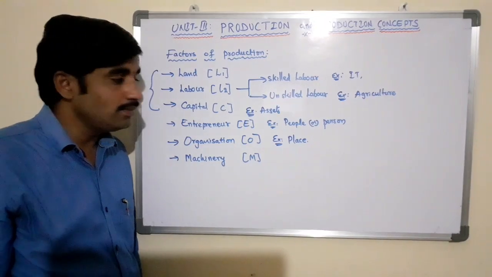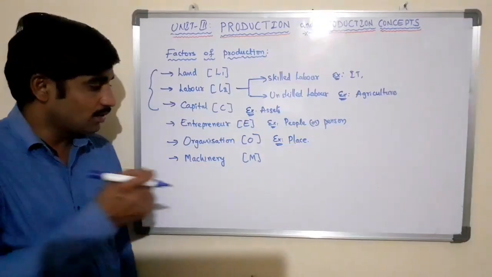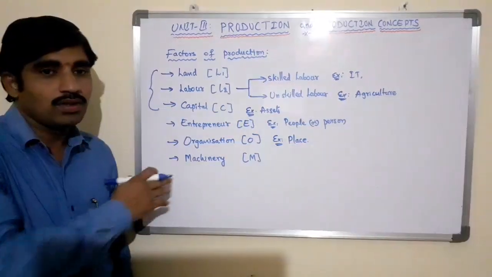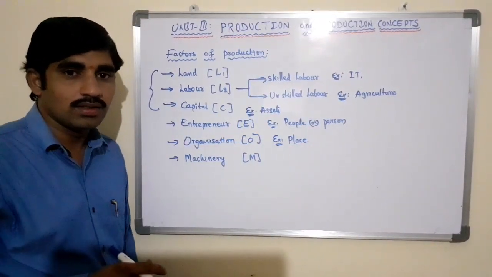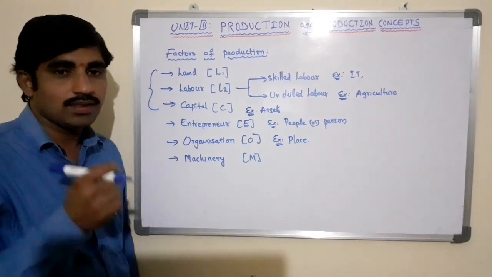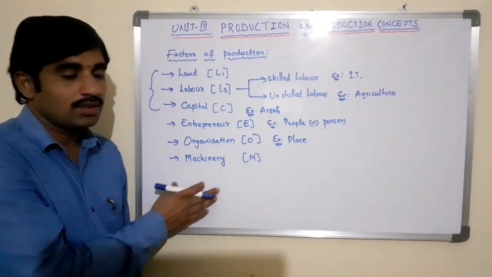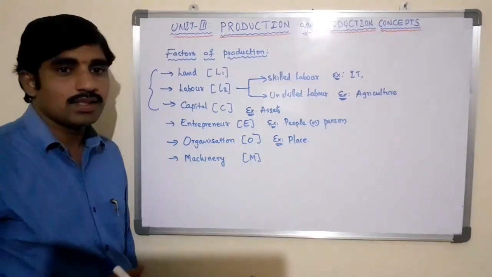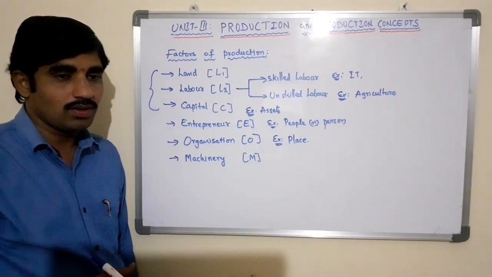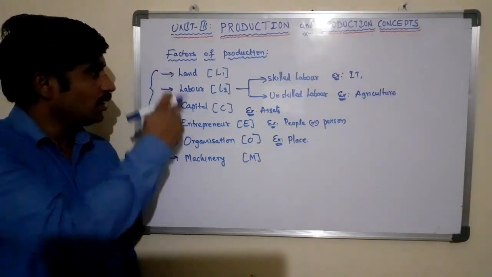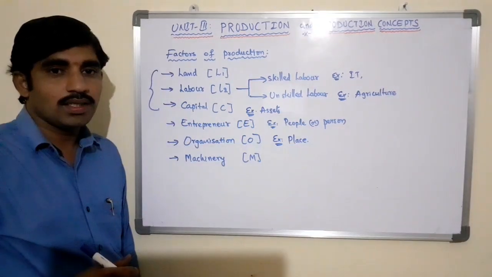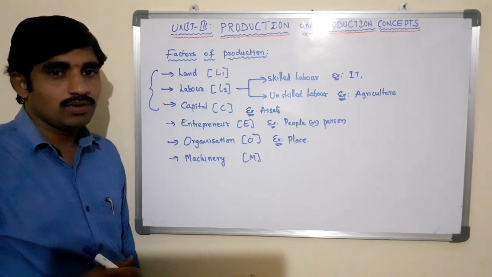Some sectors depend very heavily on machinery or technology. For such sectors or industries, machineries are a very important factor which plays a significant role in producing the products. So these are the different factors or inputs that are used by the business to produce the product.